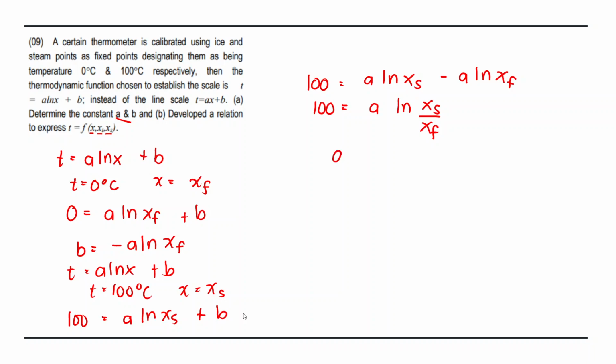Okay, so A can be written as 100 over ln xs over xf. Okay, and B can be written as negative A ln xf, which is negative 100 over ln xs over xf times ln xf.